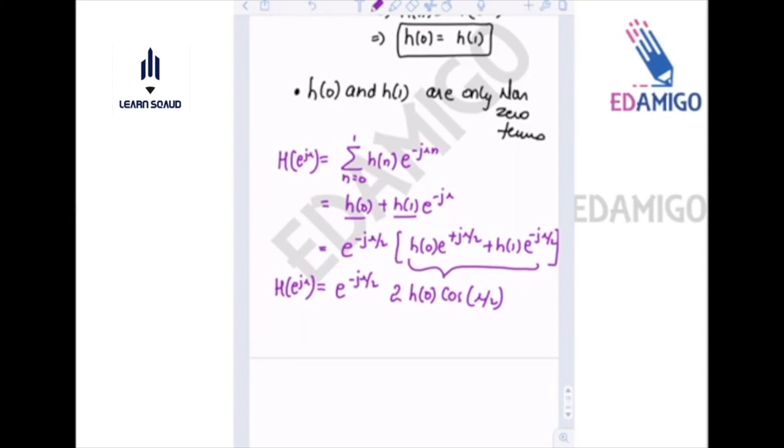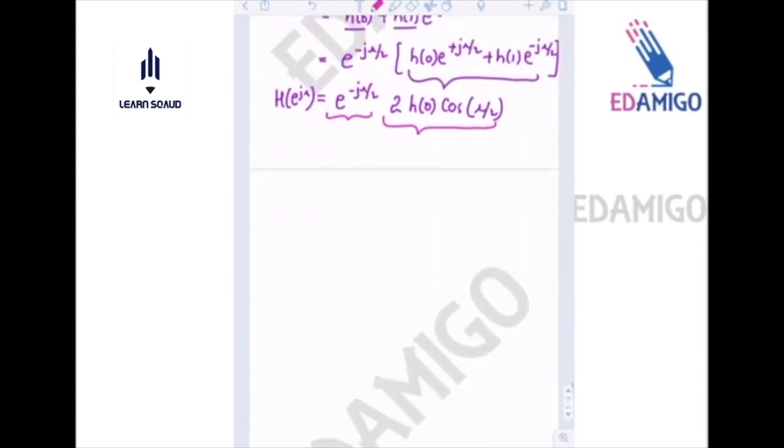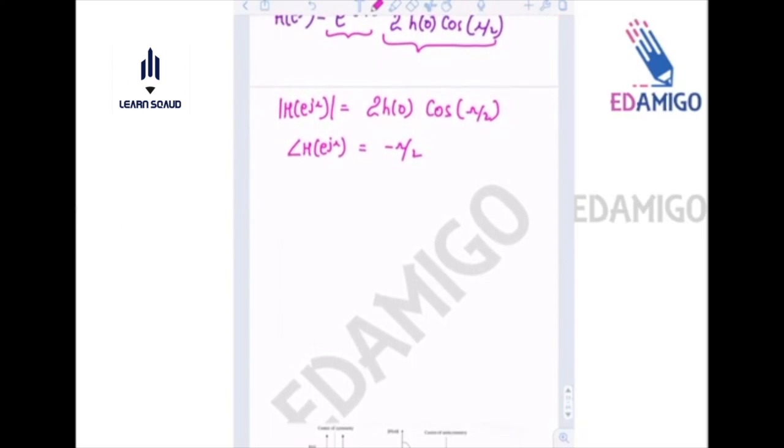Okay, so we can see that this is the magnitude and this will give me the phase. So the magnitude is equal to 2 times h0, where h0 is a constant, cos of σ/2, and phase is minus σ/2. Now if I plot the magnitude with respect to sigma, then 0, 2π and π are here.